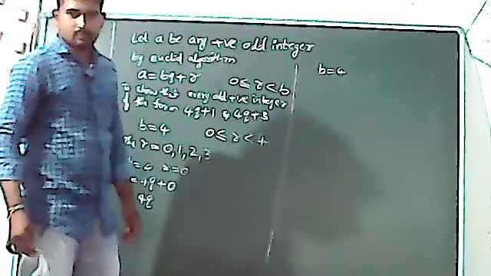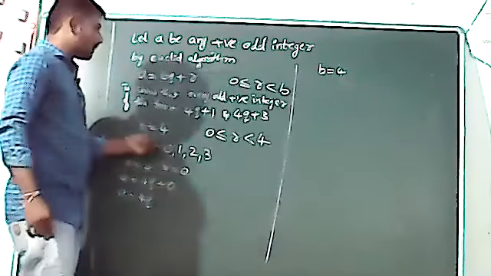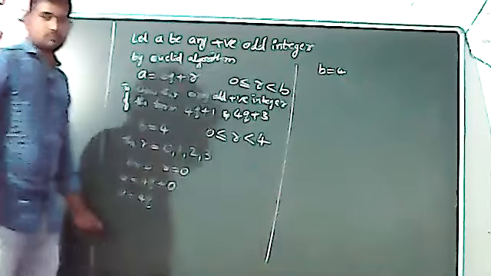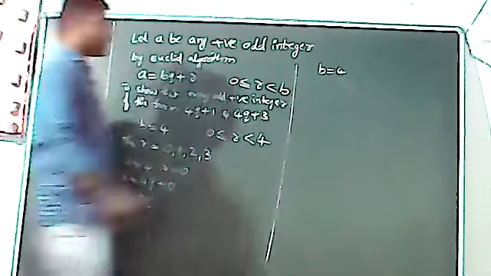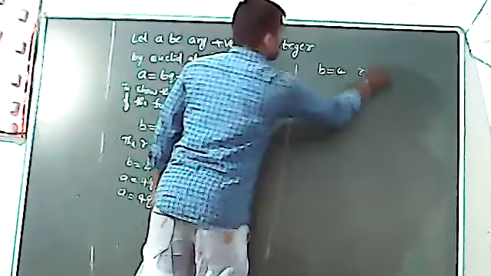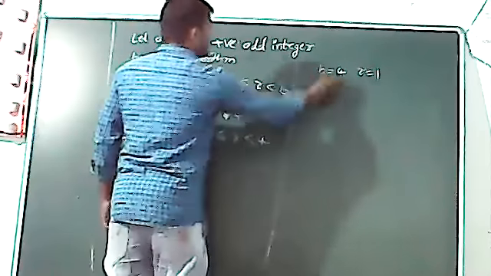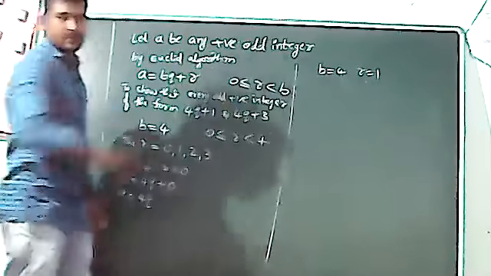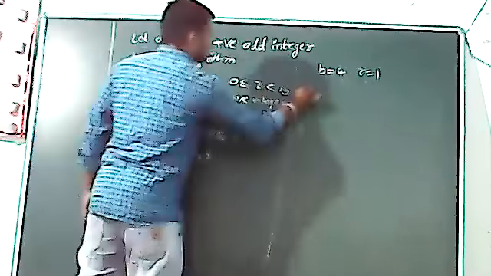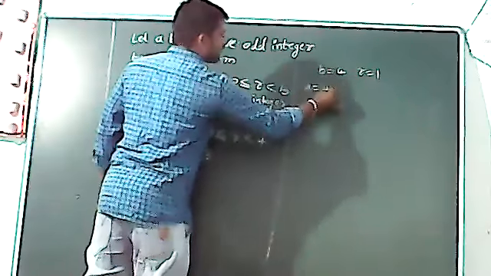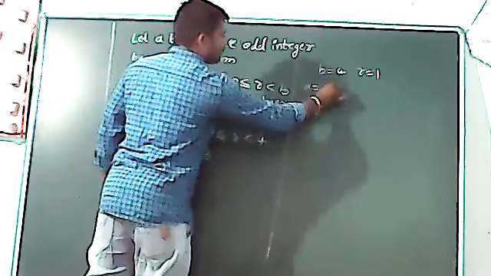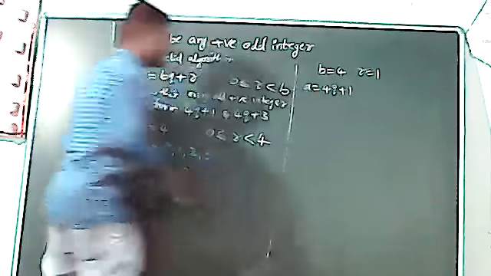Next, second step, b is equal to 4. The b value does not change; it is always the same. Next r is 1. Substituting in the Euclid algorithm, a is equal to 4q plus 1.